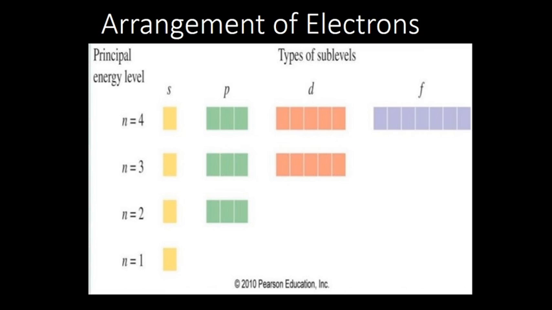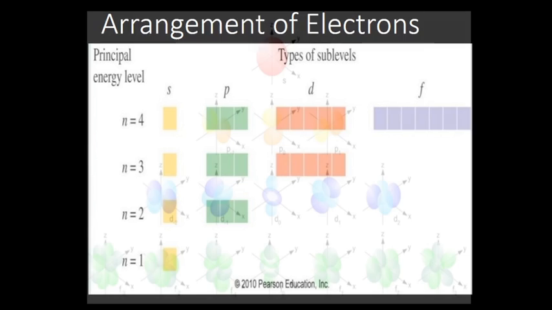In the diagram it is given in yellow, green, orange and violet or lavender color. And each of these subshells can further be divided into sublevels, but S has only one, whereas P has 3, D has 5 and F has 7 sublevels. So electrons will be arranged in any of these levels.